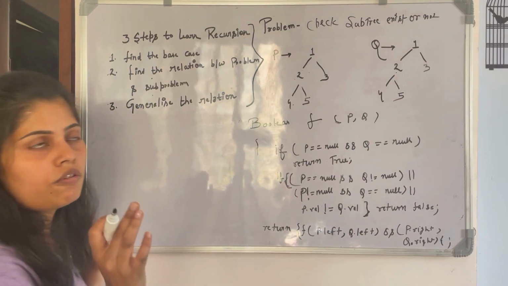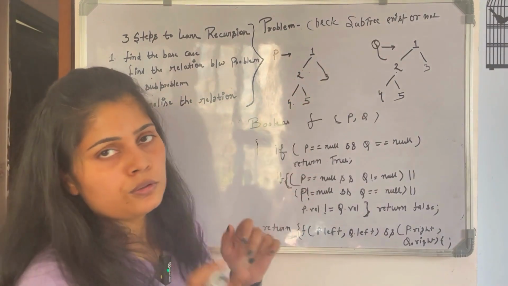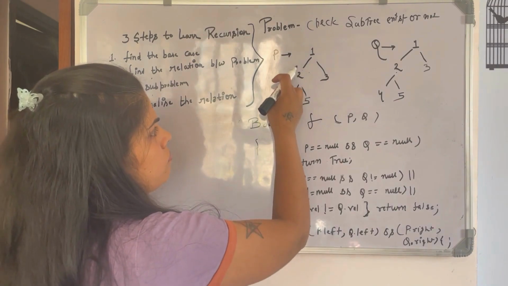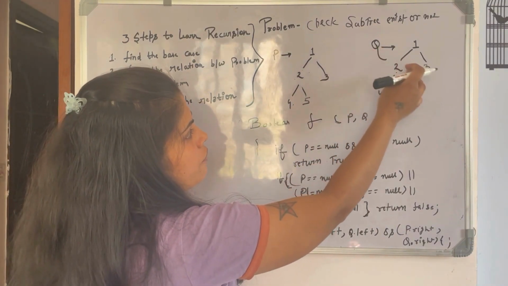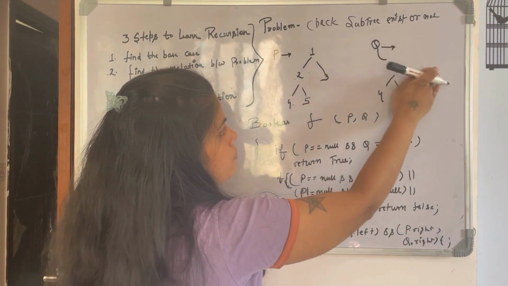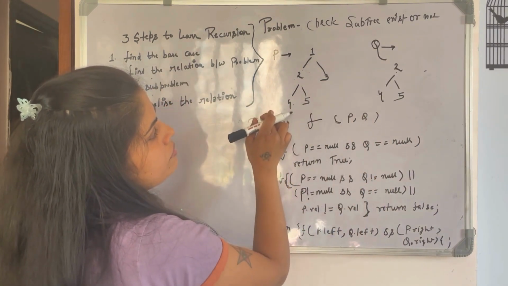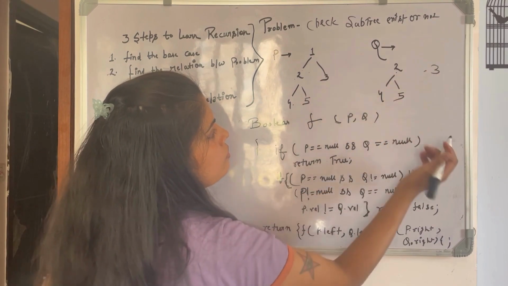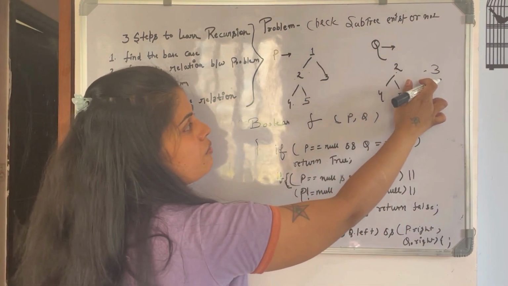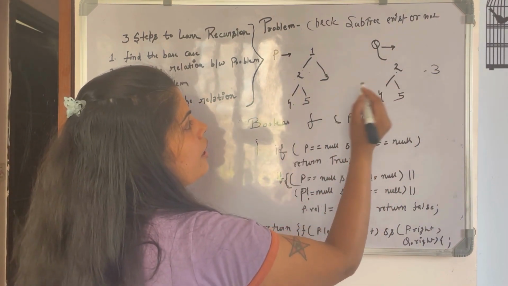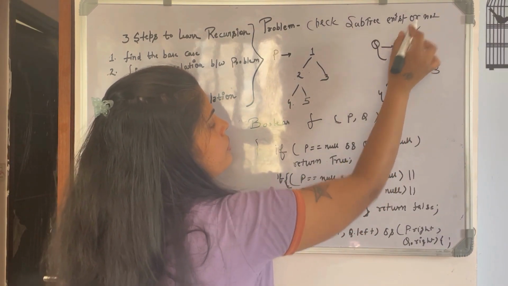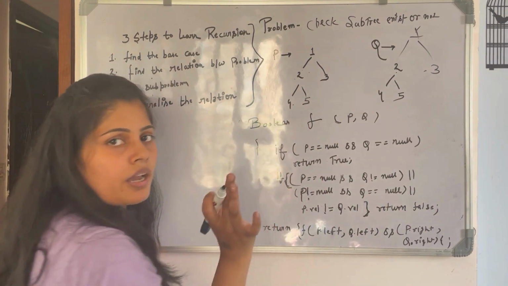So what is a subtree? A subtree, guys, can be on the left side. Suppose this is the subtree, so this can be on the left side. Or suppose I have only 3, this is also one subtree, so this is on the right side. We can also have this in a problem.